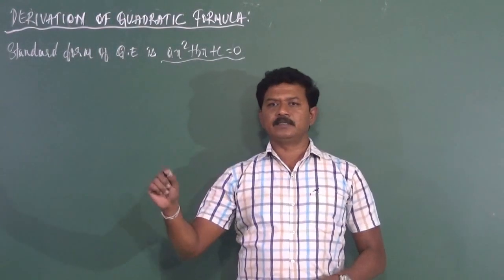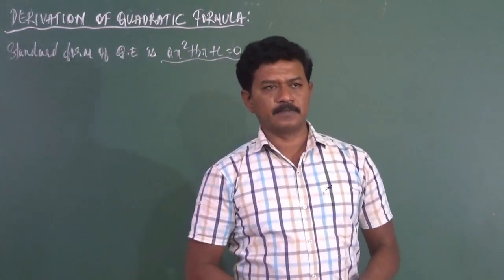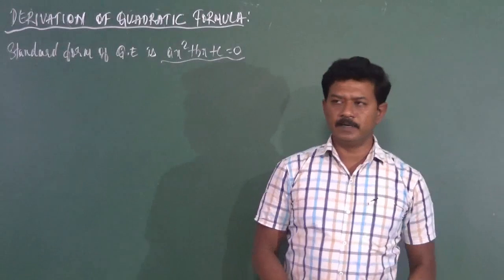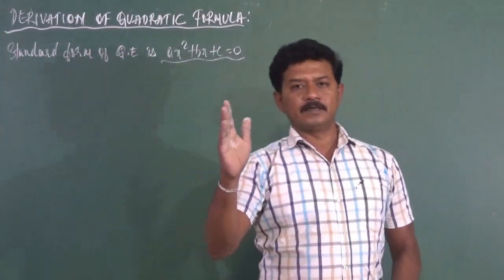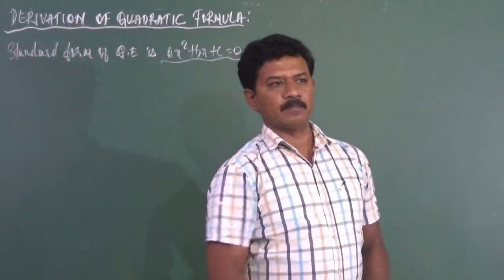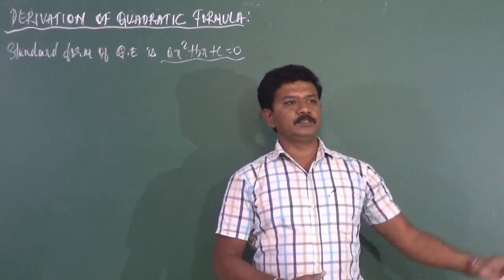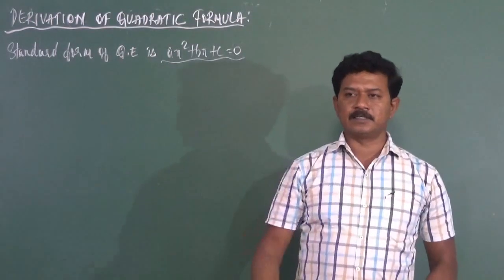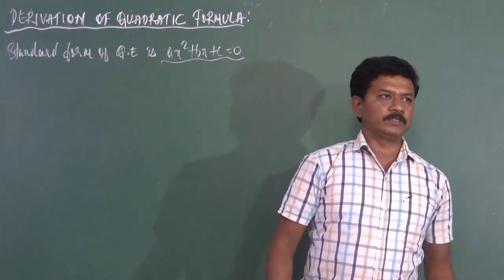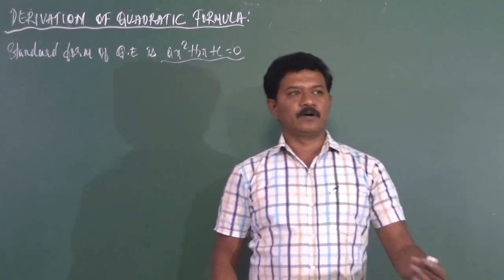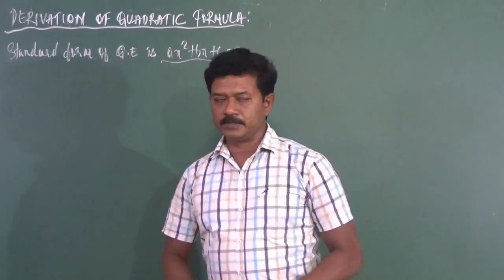A, b, c are called constants also, where c is a real constant. And x is called the variable. All the terms in the quadratic equation should be arranged in the decreasing order of the powers of the variables, and the equation should be equated to 0. If all these characteristics apply for a quadratic equation, then we say that the quadratic equation is in its standard form, right?